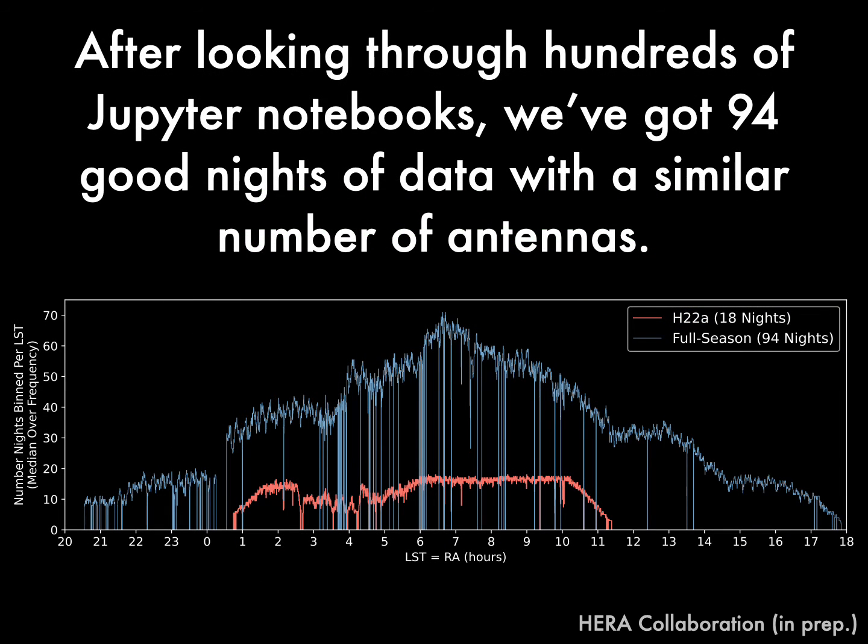After looking through hundreds of Jupyter notebooks to assess the quality of each particular night and the various systematics and what was good and what wasn't, we've got, at the end, 94 good nights of data with roughly a similar number of antennas as that first analysis. But now a full season. So we're spanning a huge range of RA or local sidereal time, depending on how you want to think about it, with considerably more depth.